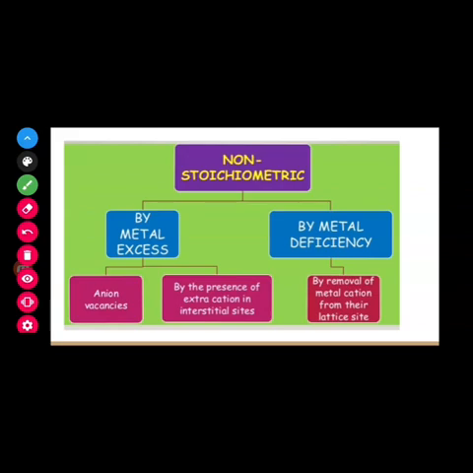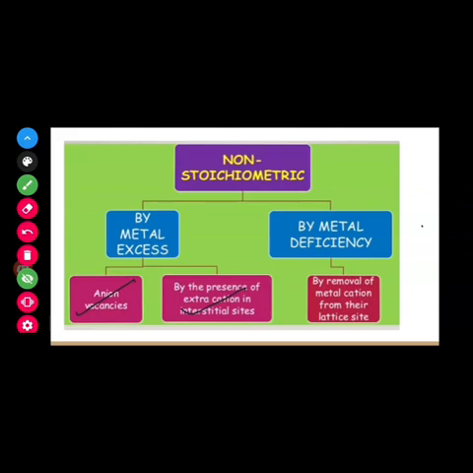A non-stoichiometric defect can be classified into metal excess defect and metal deficiency defect. First we'll learn what is metal excess defect. Metal excess defect can be due to anion vacancies or due to the presence of extra cation.